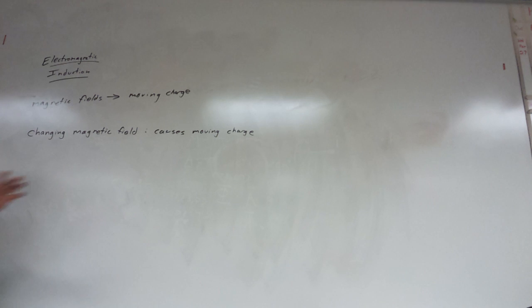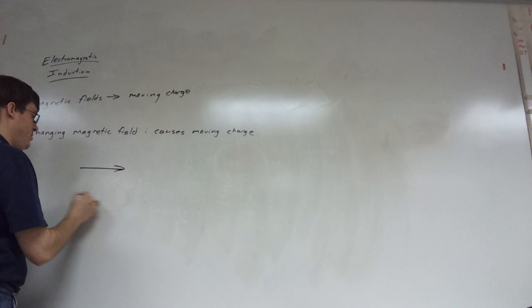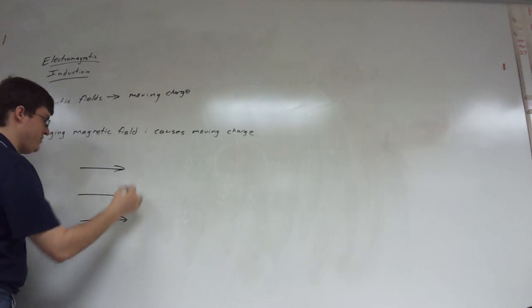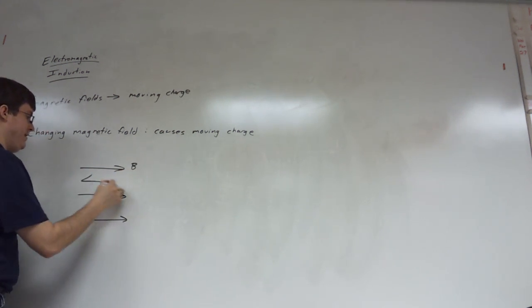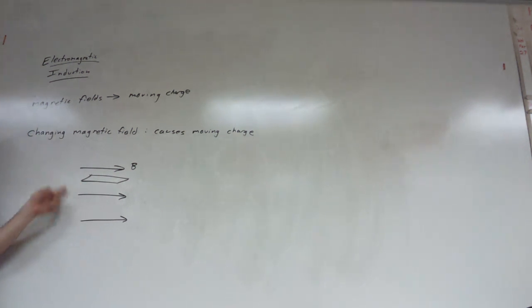Now, it's not quite enough to say changing magnetic field, because like we showed before, if I've got some sort of surface lying parallel to this magnetic field, it doesn't really see the magnetic field.